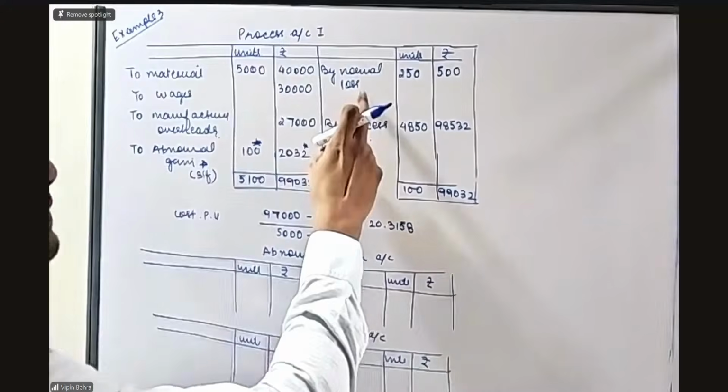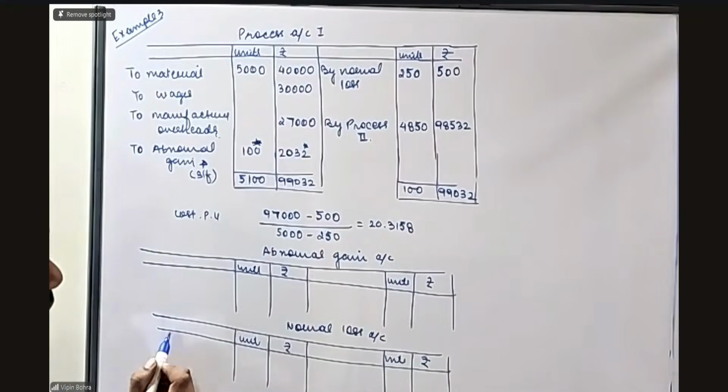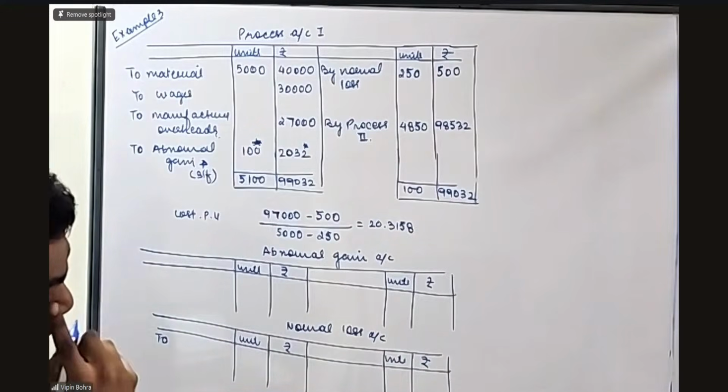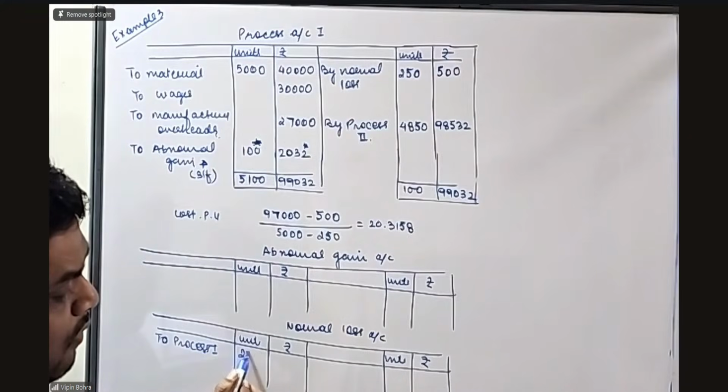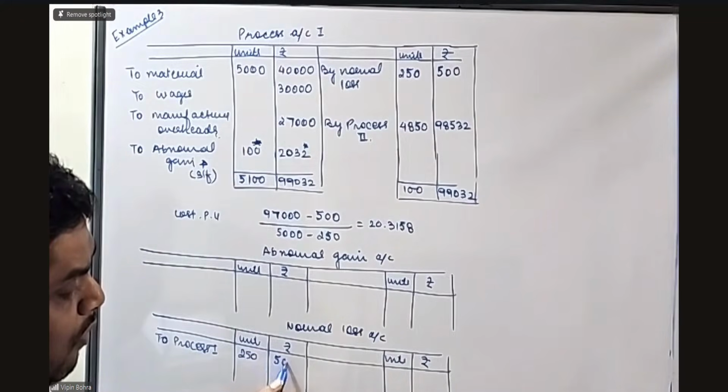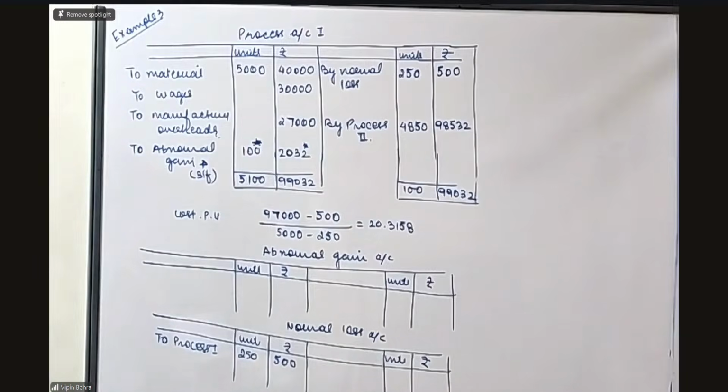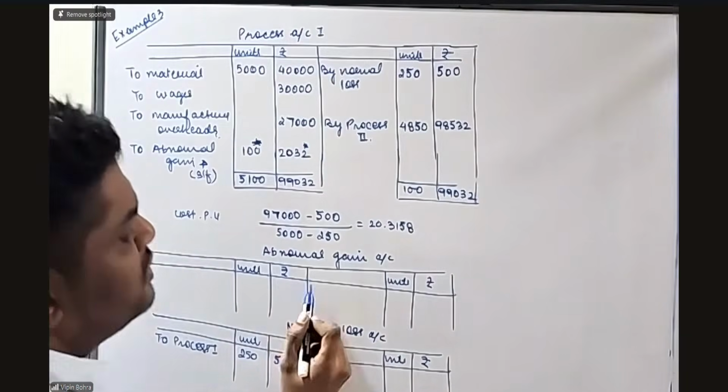So what is my normal loss? 250 units and 500 rupees. Now abnormal gain is how much?